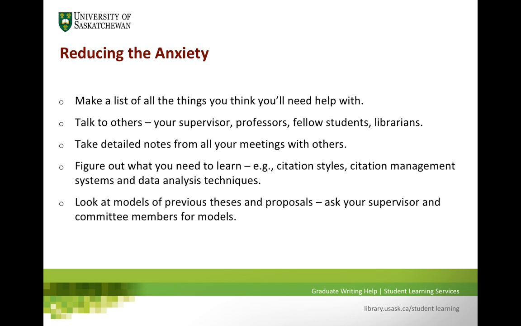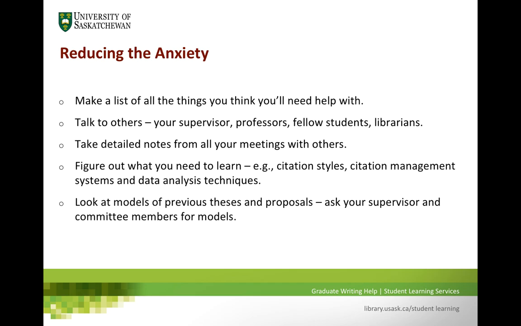The other thing is, as you're thinking about what you need help with, part of that needs to be what you need to learn. What do you still need to learn? For example, maybe you need to learn citation styles or a citation management system like RefWorks or Mendeley to help you manage your citations so you don't get overwhelmed with having to write detailed entries.